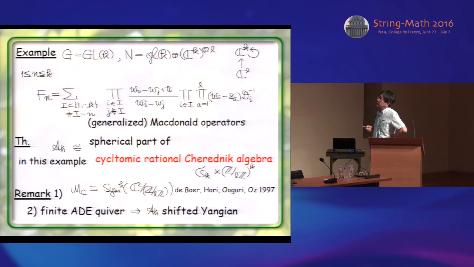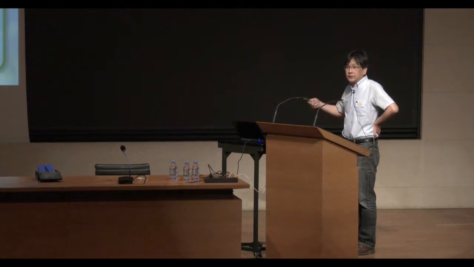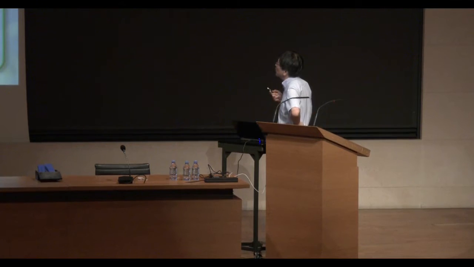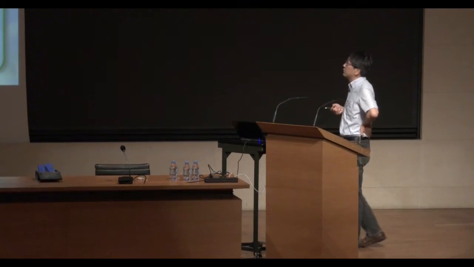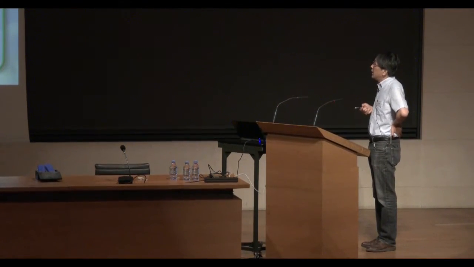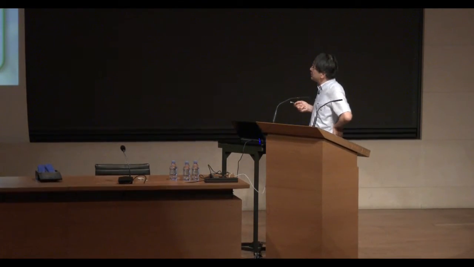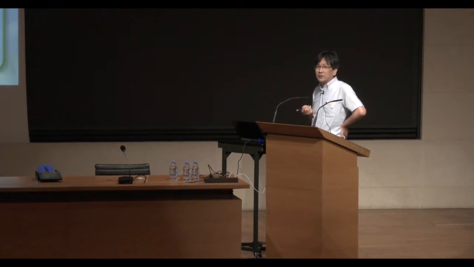And this operator, if there is no this part from a equals 1 to L, so if I consider the L equals 0 case, then this difference operator is the Macdonald operator. More precisely, it is a rational degeneration of the Macdonald operator. The simultaneous eigenfunction of this Macdonald operator is the famous Macdonald function.